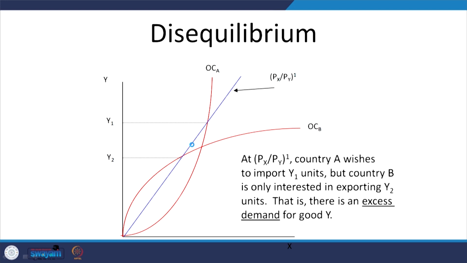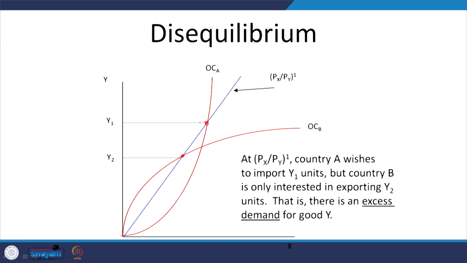Now, given Px by Py at 1, country 1 wishes to import y1 units, but country B is only interested in exporting y2 units. Why is it so? You can look at the relative prices; the offer curve clearly points out the differences. Here country 1 is willing to take more, whereas country 2 is not ready to export that much.